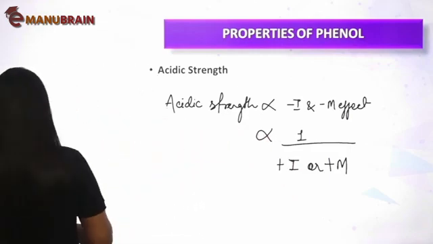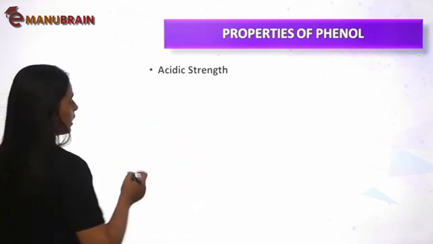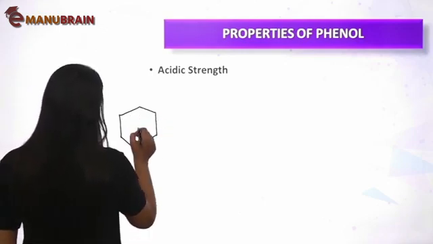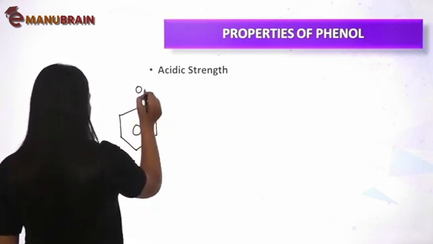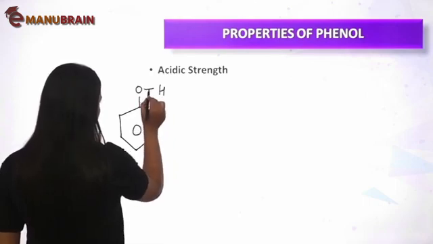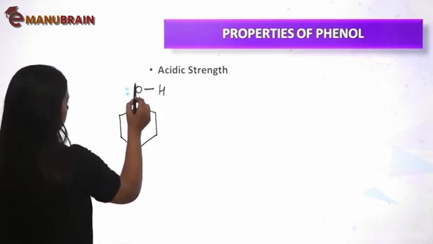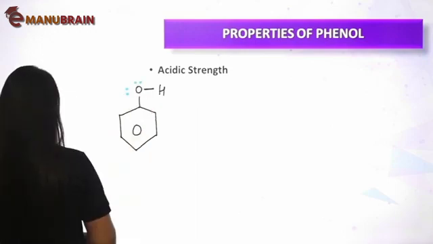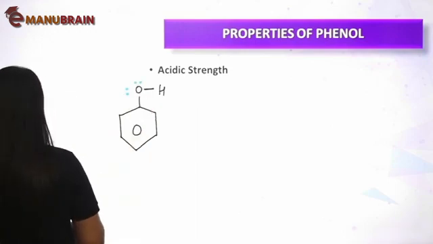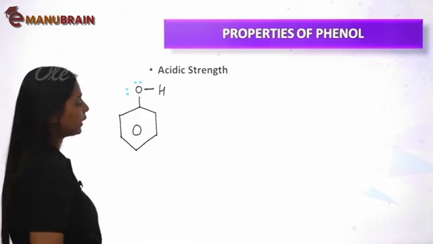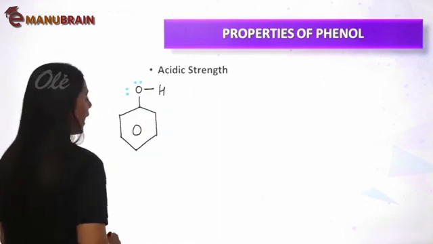So why do we call this phenol acidic? Because this phenol has this structure, right? It has two lone pairs present on the oxygen atom, which gives oxygen higher electronegativity than hydrogen.